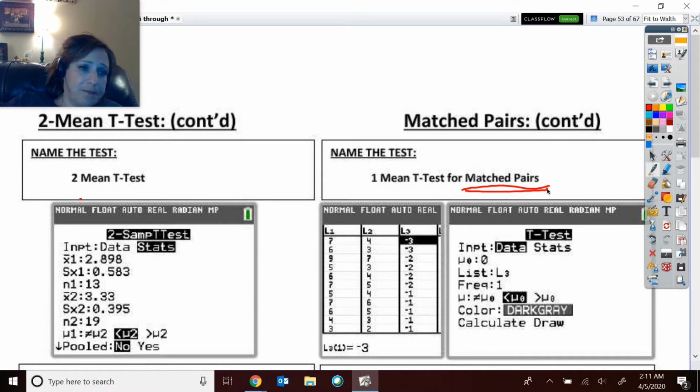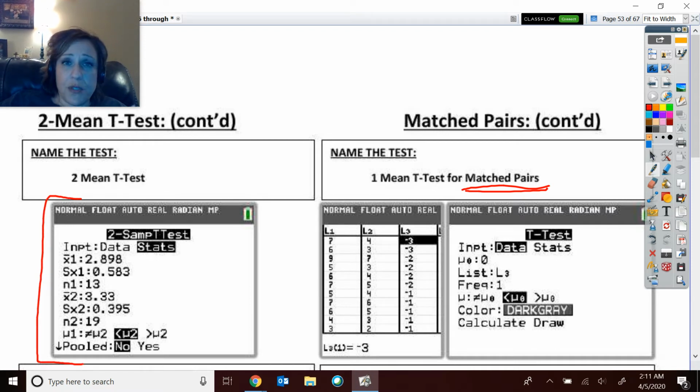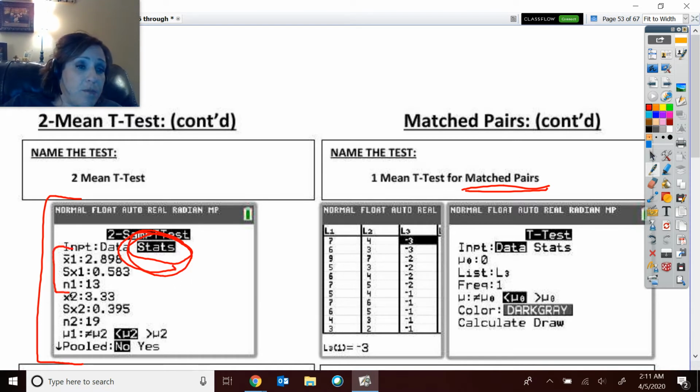On the left, we had our 2 sample t-test, and the statistics is what was given to us. We had the summary information, keeping straight men information in and women information in, so we can see that we were putting that the men was less than the women.